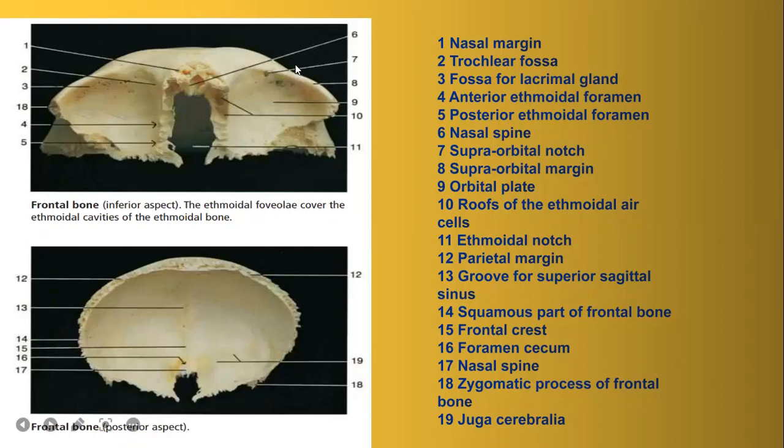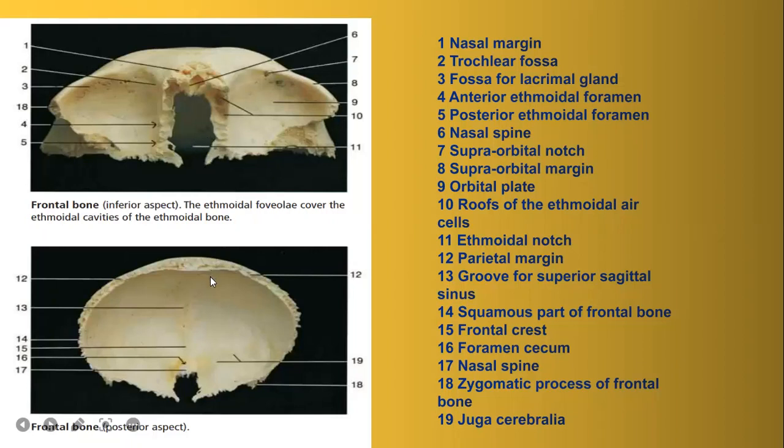The part labeled 7 is the supraorbital notch. The part labeled 8 is the supraorbital margin. Then the part labeled 9 is the orbital plate, 10 being the roofs of the ethmoidal air cells. Then 11 is the ethmoidal notch.